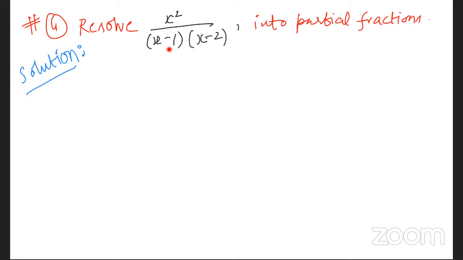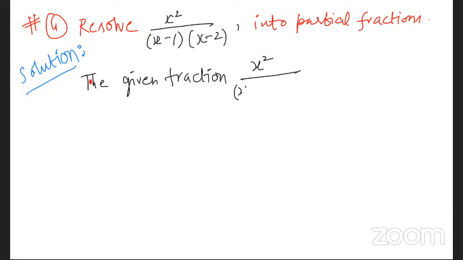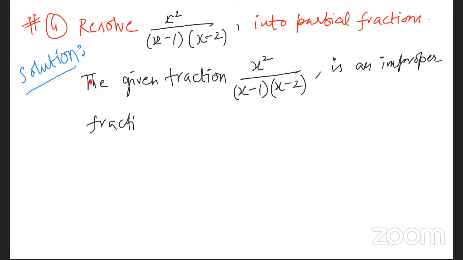So therefore, the given fraction x square divided by x minus 1 into x minus 2 is an improper fraction.